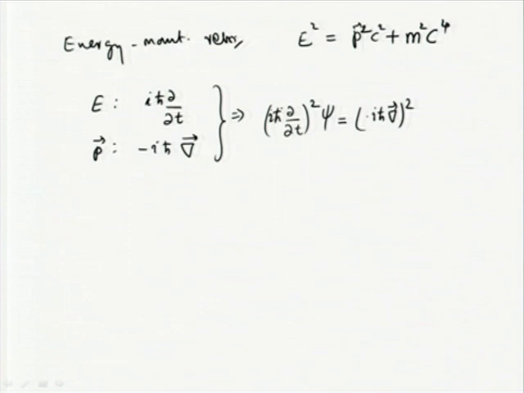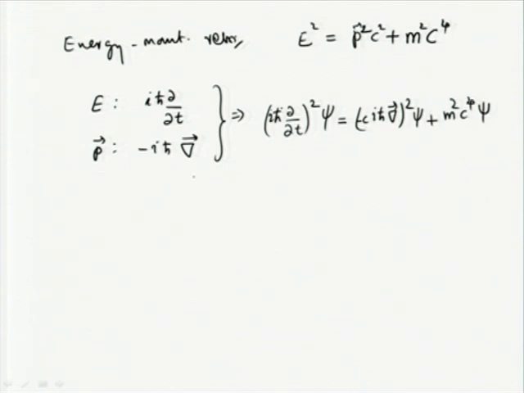So, let me squeeze that in, minus c I h cross grad, squared, acting on psi, plus m square c 4 acting on psi.